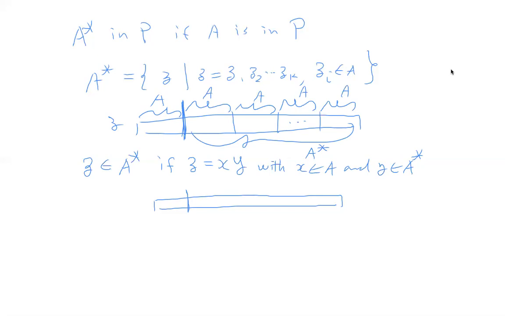So we first look at a cutting point such that this part is in A and the remaining part is in A star. But we don't know the cutting point, so we have to try all possible cutting points.